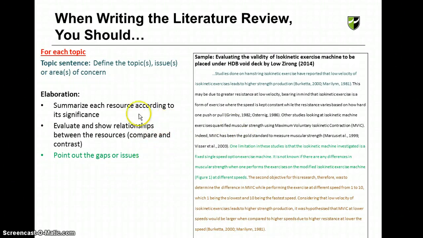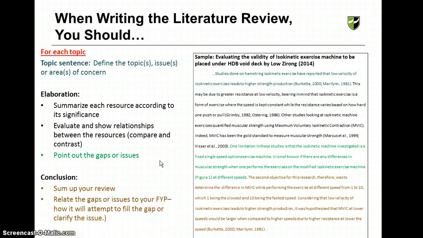And after you have described and summarized the points, you can state the gaps or the issues that are faced in this field about this topic. And lastly, in your conclusion, you sum up your review and you relate these gaps to your final year project.